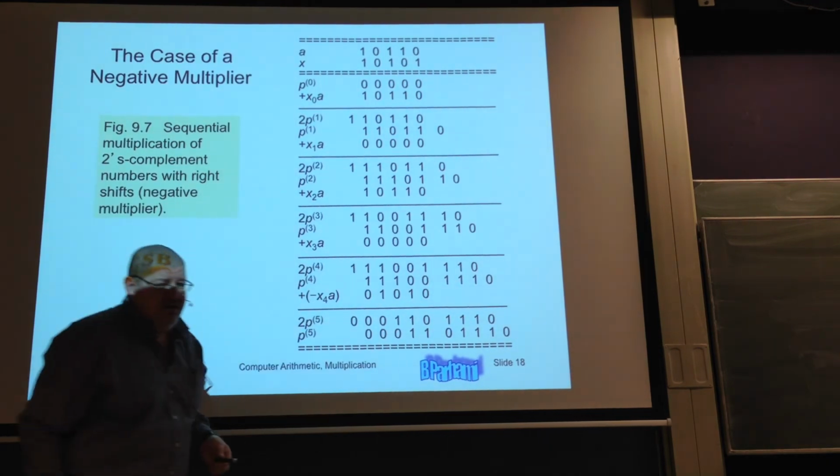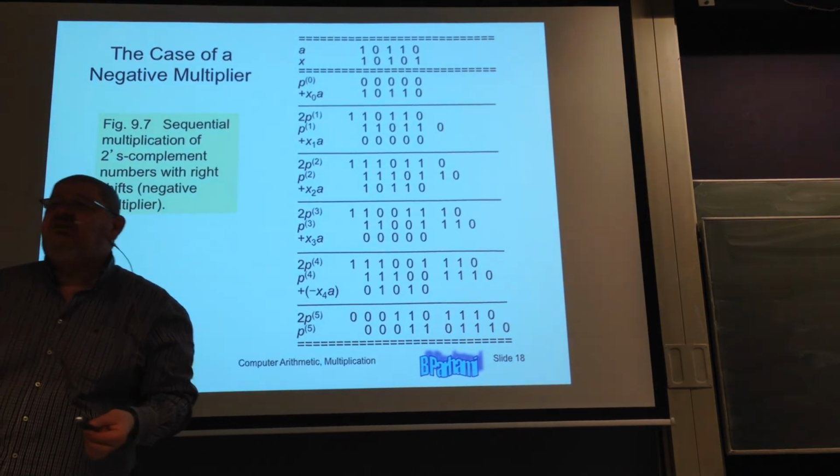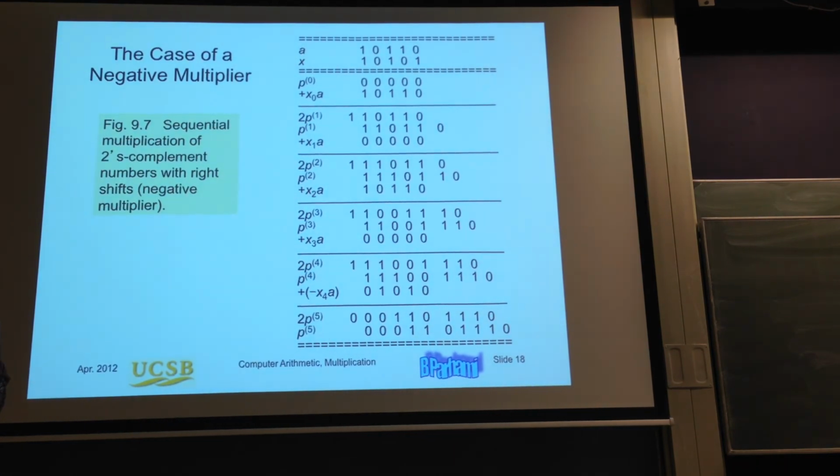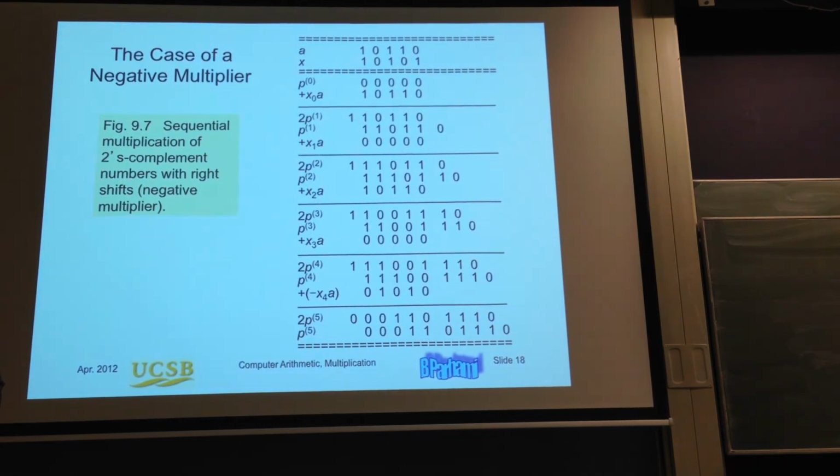Now, is that bad? Is that difficult? Will that create a lot of headaches for me? It should not, because remember, two's complement calculations make addition and subtraction very much the same.